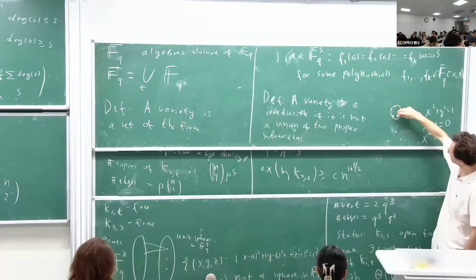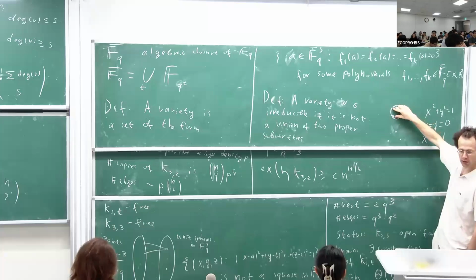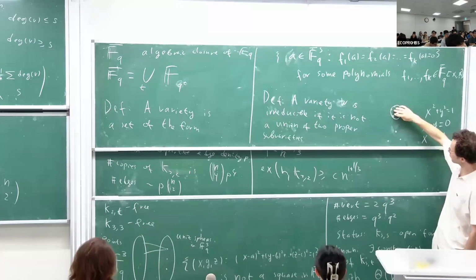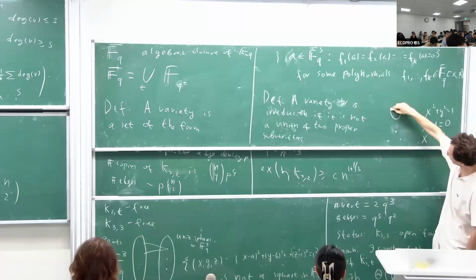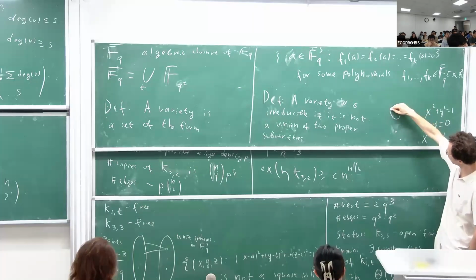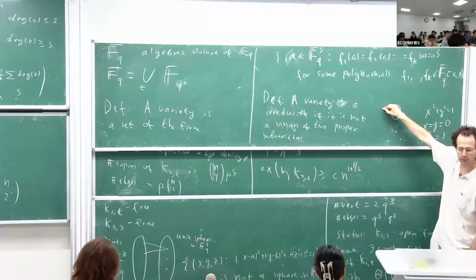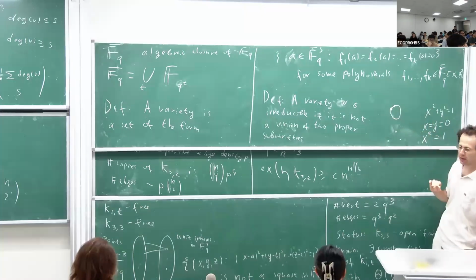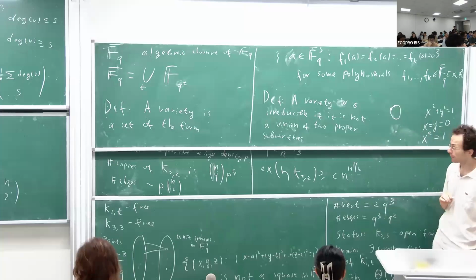You can find a subvariety which is maybe these 2 points, but the only irreducible ones are just a single point. So the longest chain you can find starts with the circle, goes to a point, and goes to the empty set. This is the longest you can do, and therefore the dimension is 1.